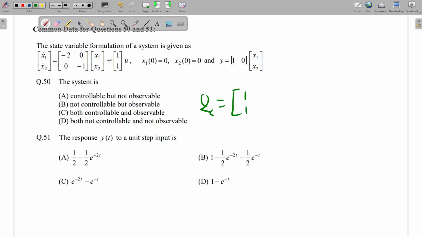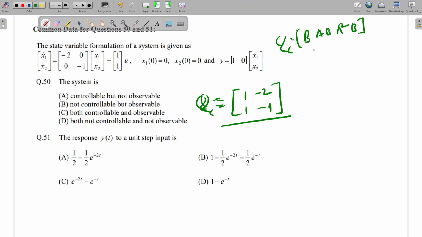Then AB. So A into B will be, what will that value be? That will be minus 2 and minus 1. Is it correct? QC is equal to [1, minus 2; 1, minus 1]. See, QC is equal to B, AB, A square B. As it is 2 cross 2, up to now only it will come.